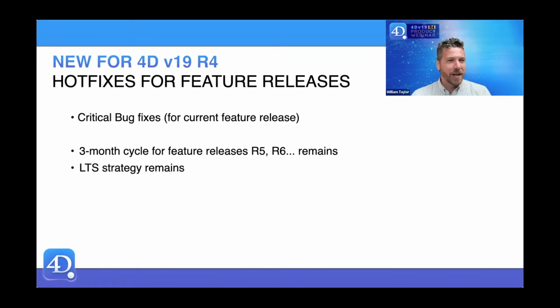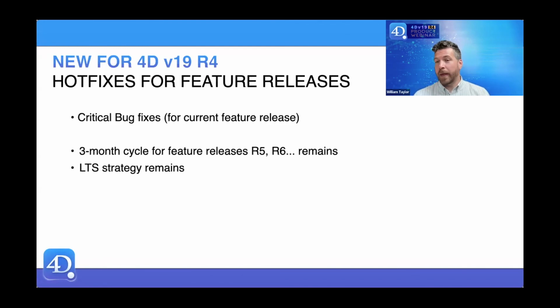So here at 4D, we love feature releases and would love all of our developers to develop and deploy with them. One main reason that we hear from developers who don't use feature releases in deployment is that if there is a major issue in deployment of a certain feature release, they need to wait 3 months to get a fix.